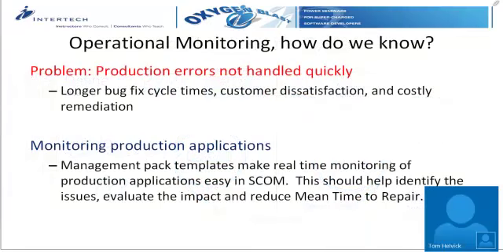So how do we know what's going on? One of the problems that happens is I get a production error. So production errors do happen. We expect them to happen. But what do you do with them? Am I waiting for a user to call in?